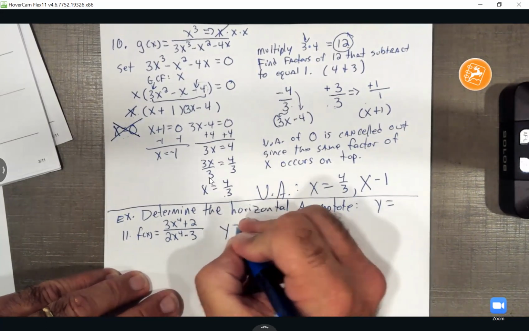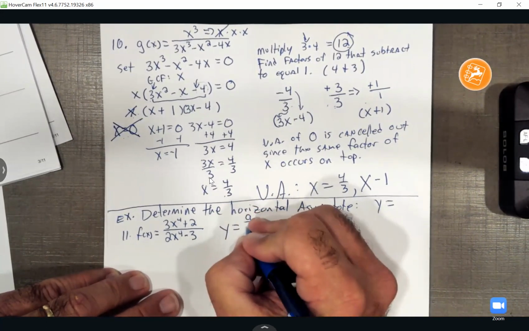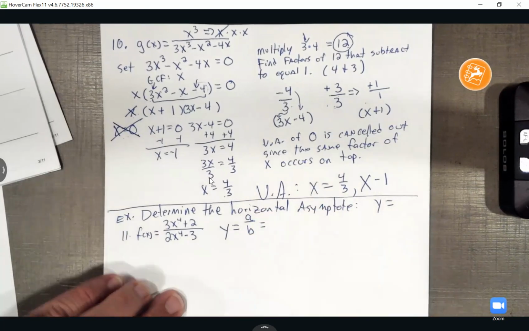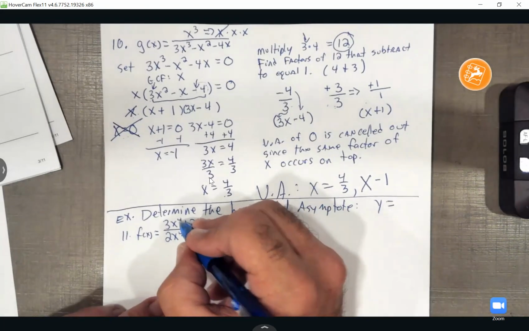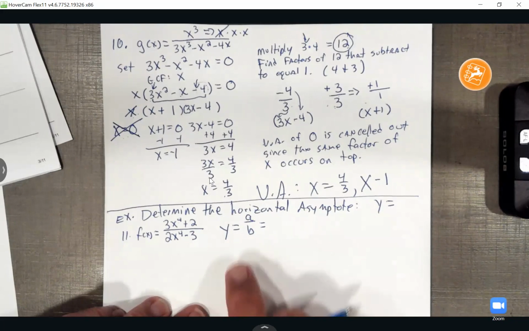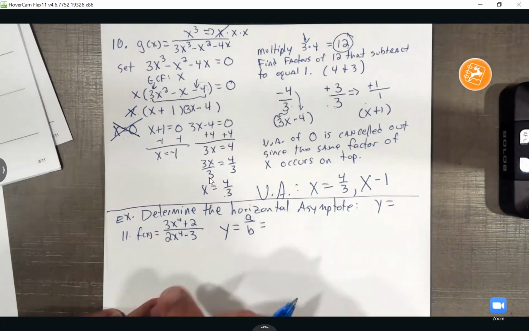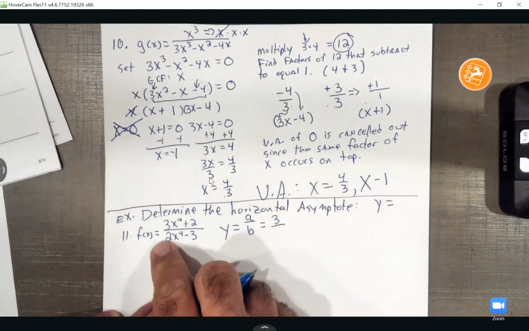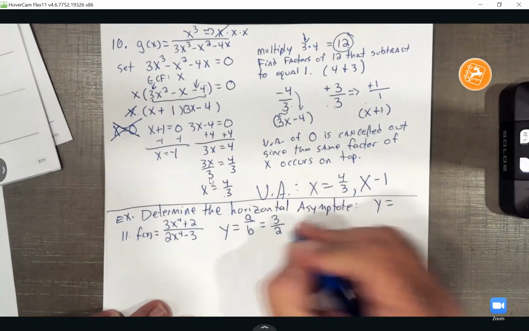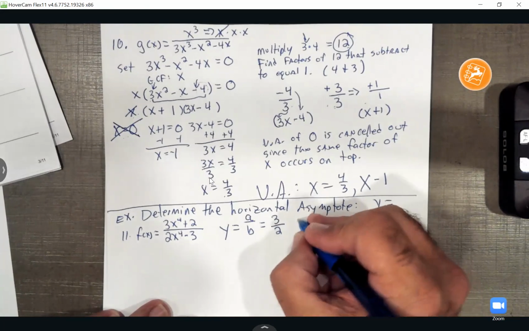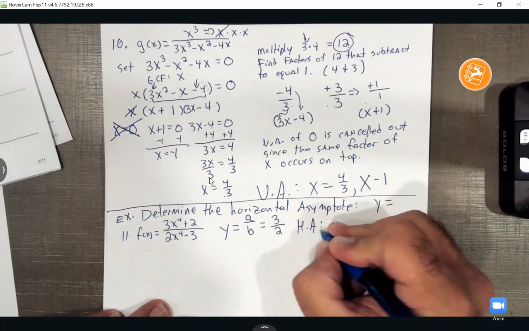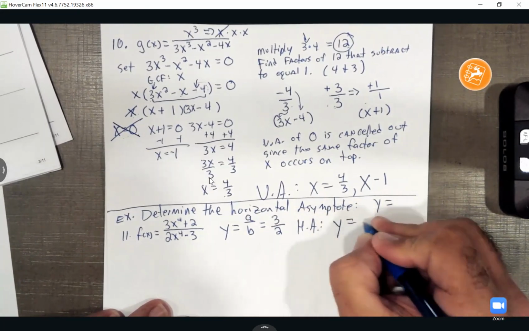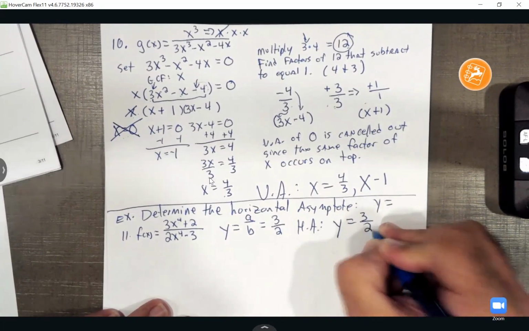So when they were equal, I said this equaled the ratio of A over B, because remember, I got the same degrees, where A and B were the lead coefficients. Well, y'all, my lead coefficients are the 3 on top and the 2 on bottom. So my horizontal asymptote will be y equals 3/2.